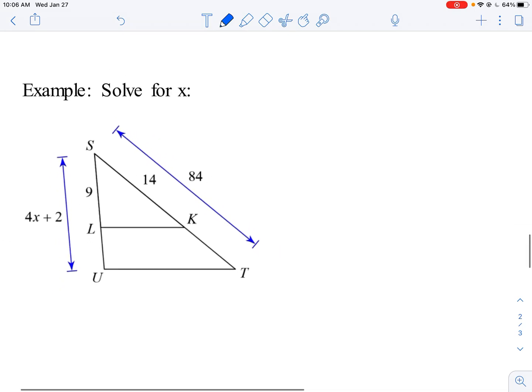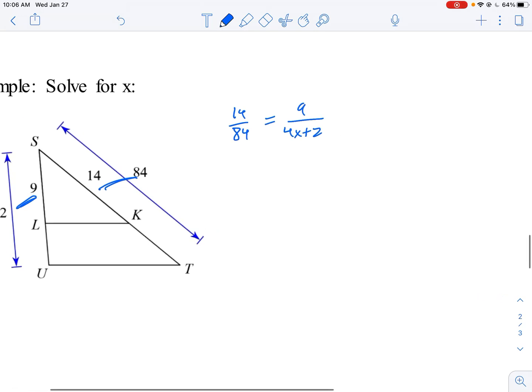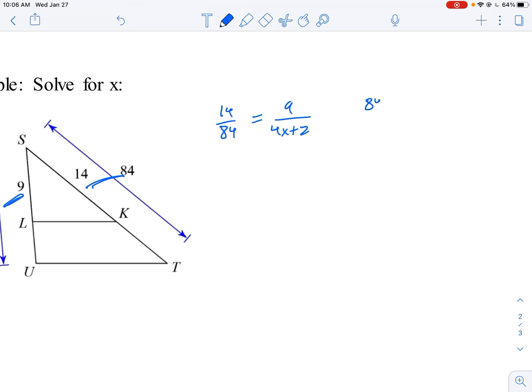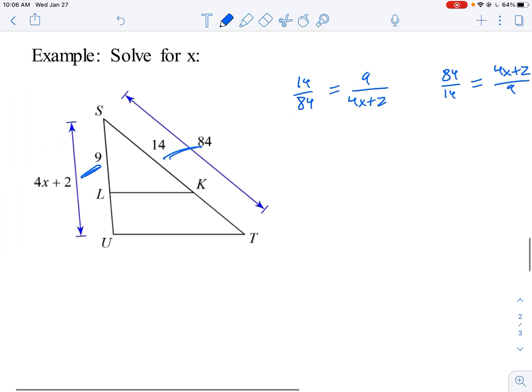All right, so I'm going to write down a few options for you. Let's say I want to have these be my corresponding parts. I can do 14 over 84, and that's going to be 9 over 4x plus 2. You can also have the flip version of that, so big over small of these same ones. You could have related these in a different way.